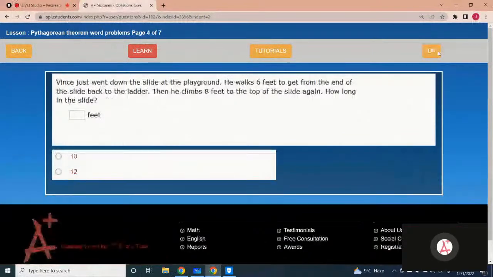Okay, the next one is Vince just went down the slide at the playground. He walks 6 feet to get from the end of the slide back to the ladder. Then he climbs 8 feet to the top of the slide again. How long is the slide? Got it?